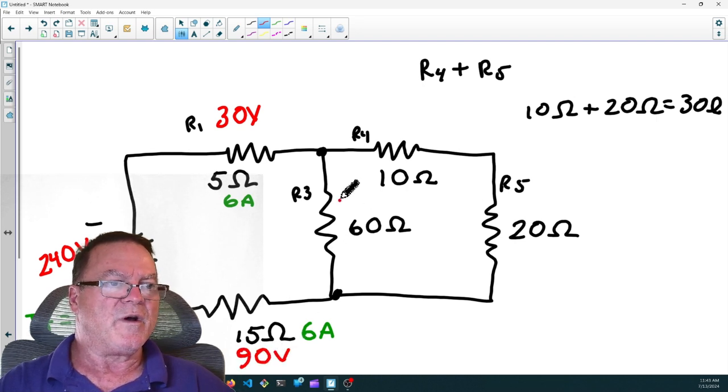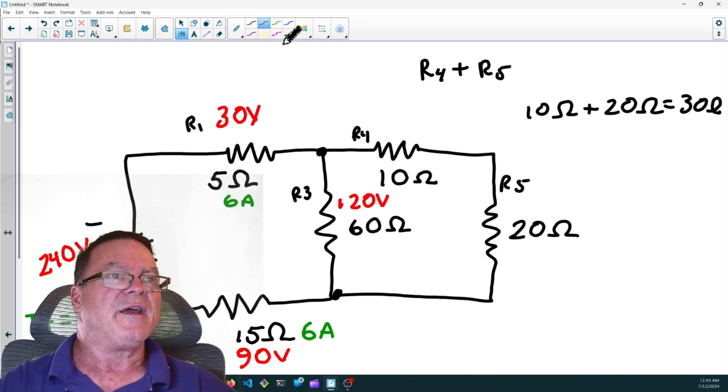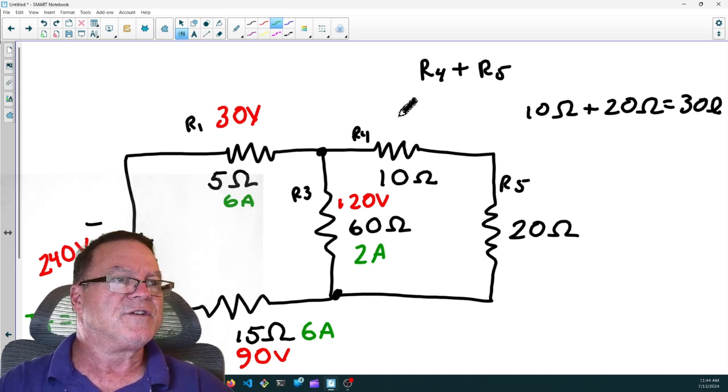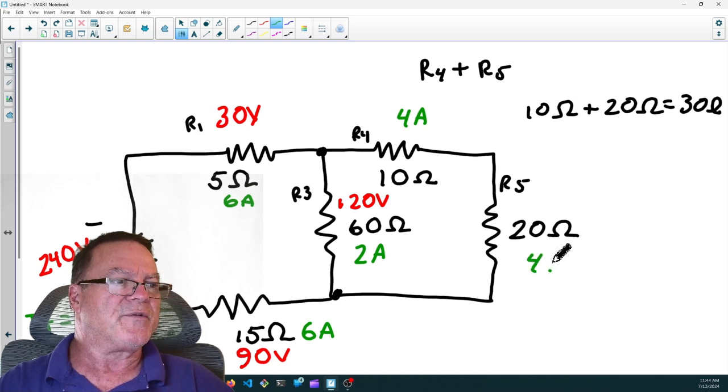And we had 120 volts and 2 amps. And we had 4 amps going through R4, 5. So we have 4 amps going through R4, and we have 4 amps going through R5.